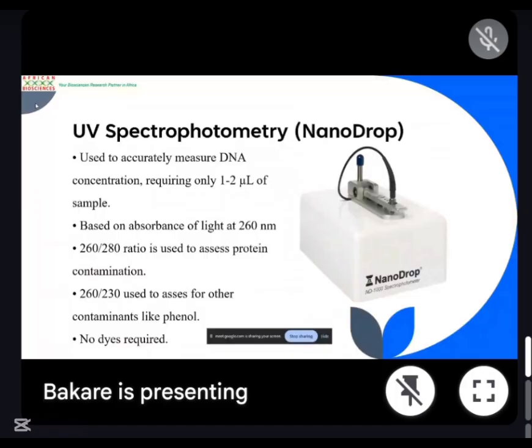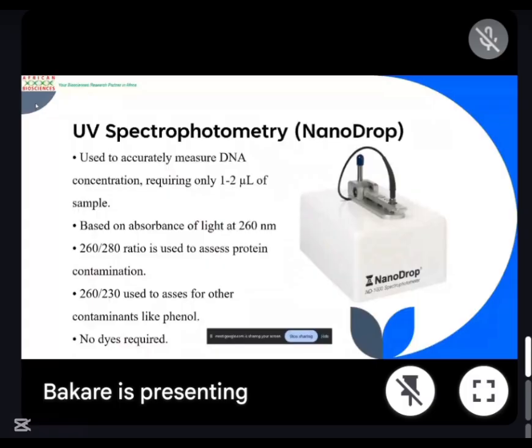That's the pedestal where you add your DNA or your RNA. You take 2 microliters. Most nanodrops are calibrated to 2 microliters. So you only take 2 microliters of your sample, then you place it on the pedestal, and then you close it back.